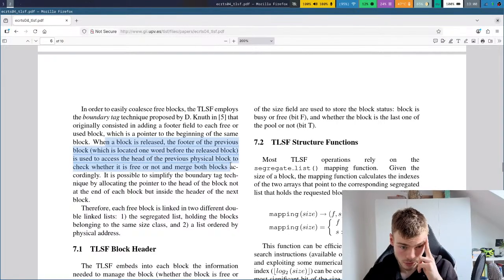Check whether both blocks match, and merge accordingly.